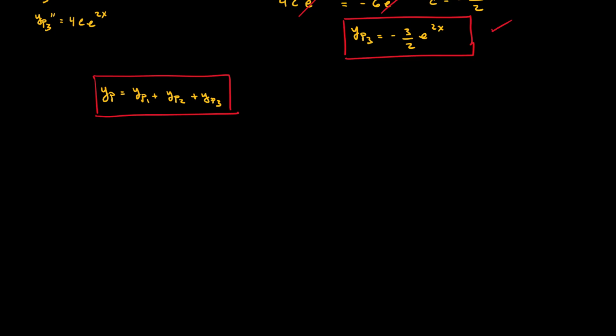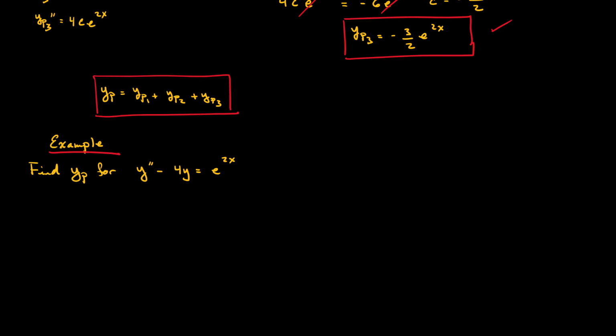Okay, the next example I want to solve is this one here. So we want to find yp, a particular solution for y double prime minus 4y is equal to e to the 2x.